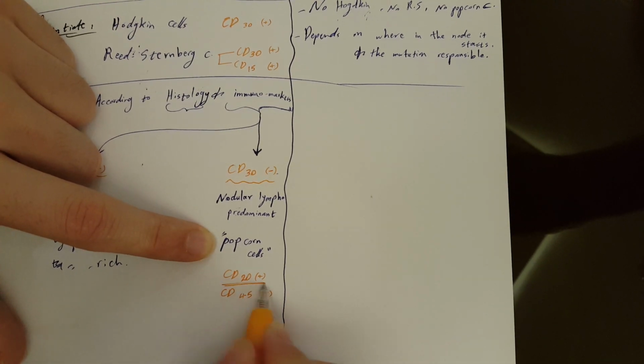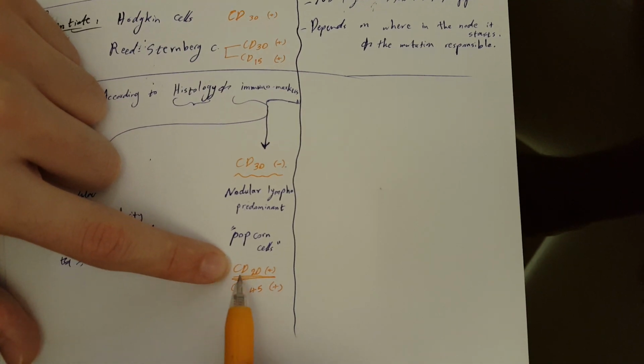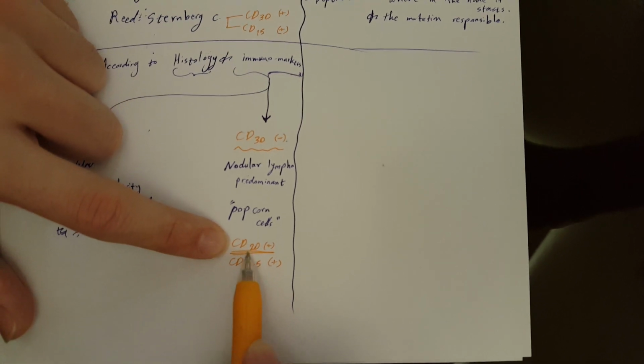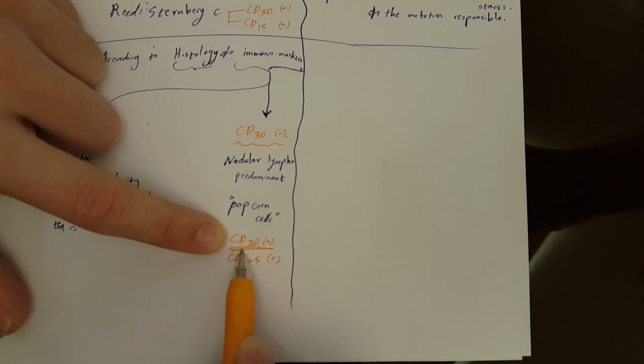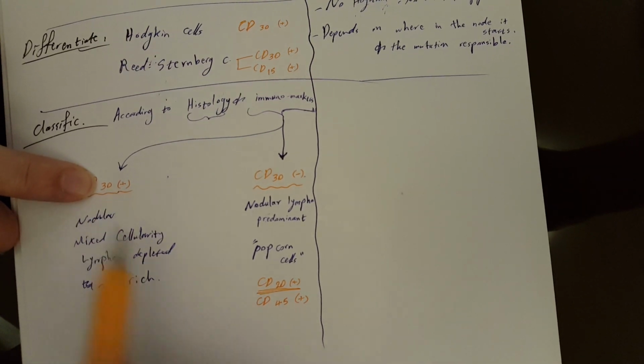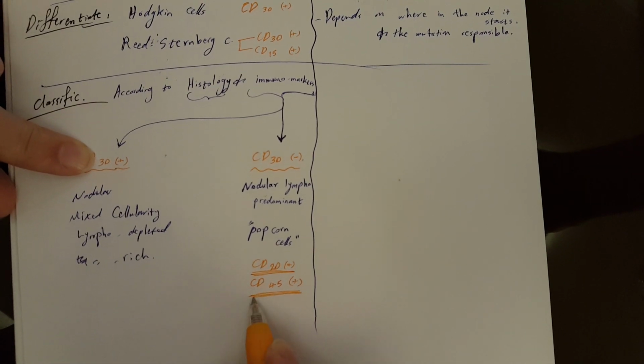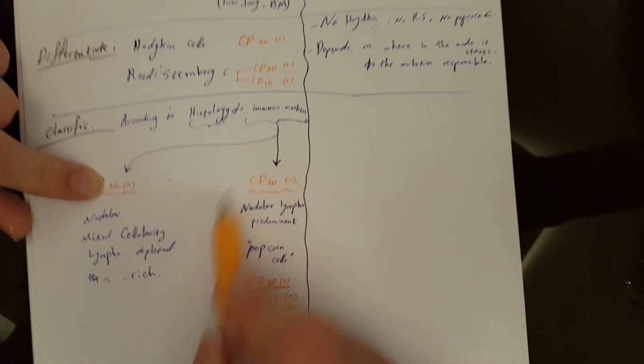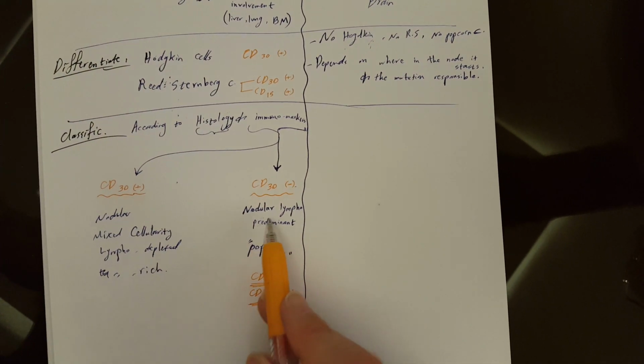Now the CD20 is common for all B cells. So you will find, oh, there's a B cell, it's CD20, it's not positive for CD30, and it also has CD45, then we know for sure it's this type of Hodgkin lymphoma.